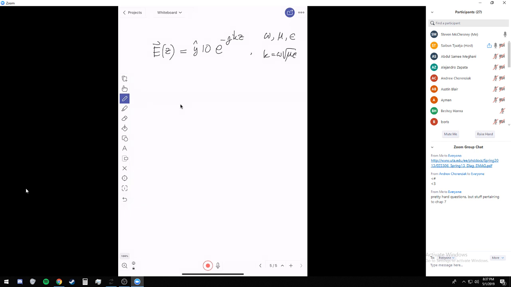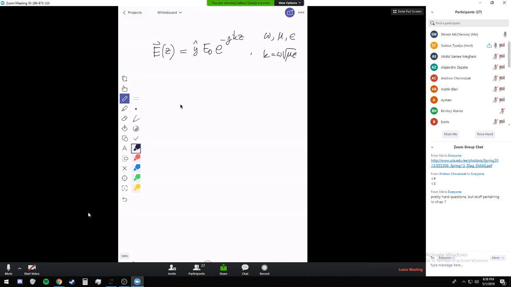Instead of putting 10, let me use a generic constant. So let's call this E0. How do we solve for the H?